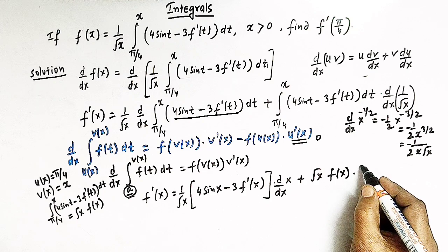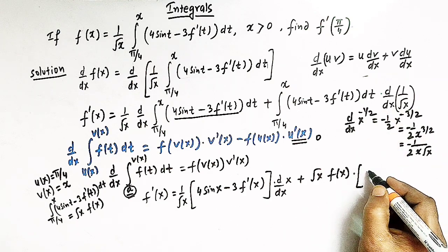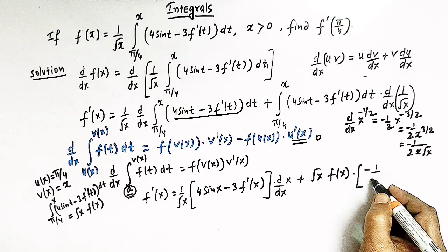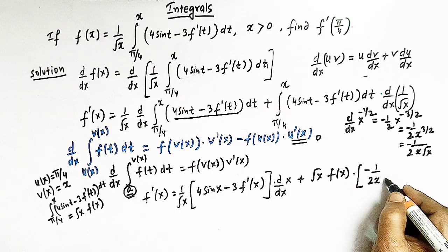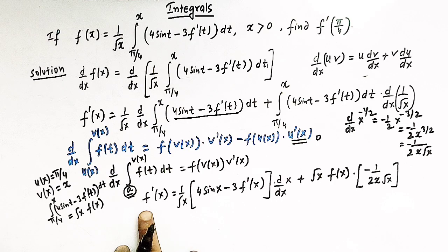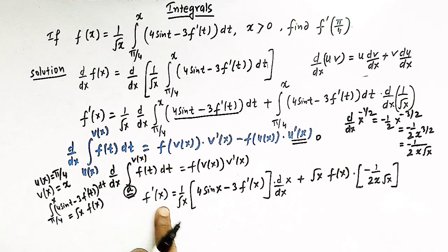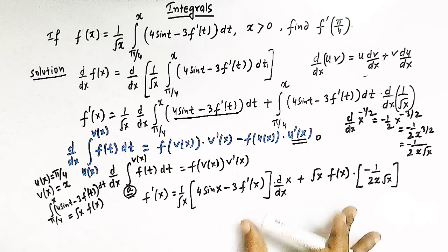So here we can write the derivative of 1 over square root of x as minus 1 over 2x times square root of x. Okay, so now the derivative of f of x, that is f prime of x, is given by this expression.